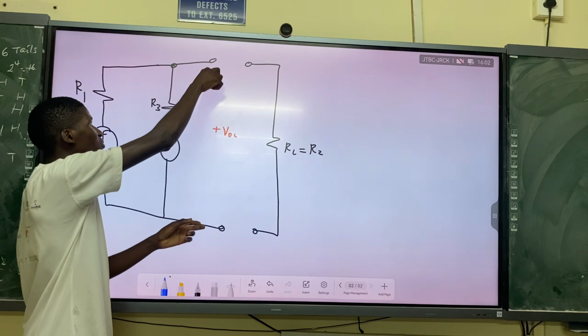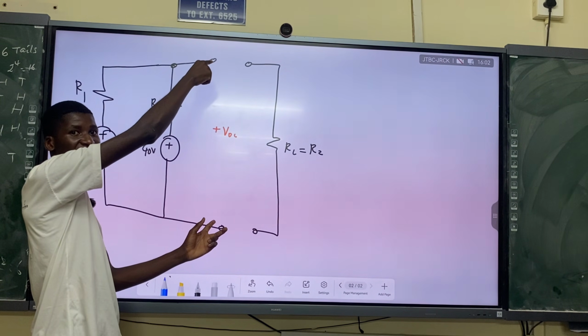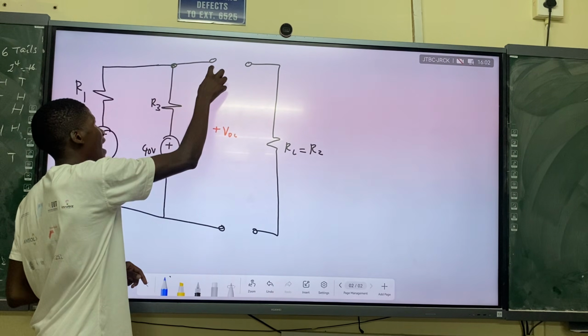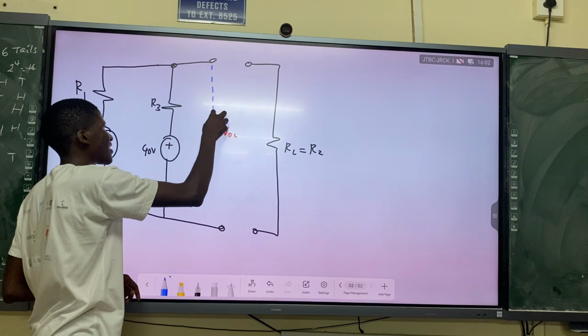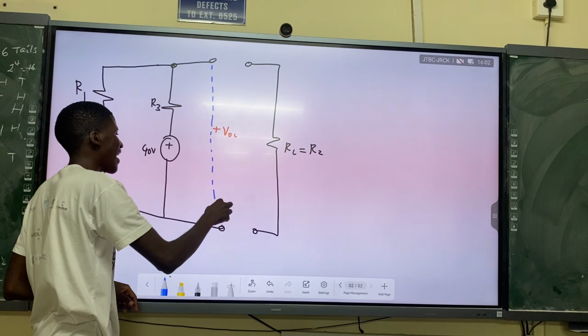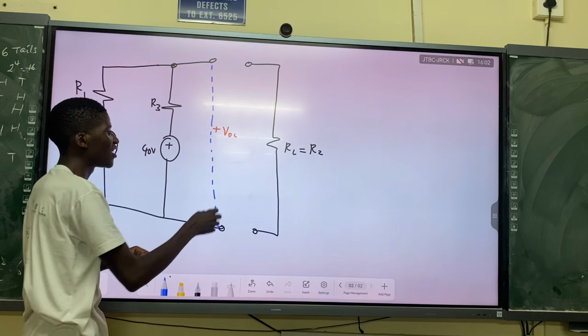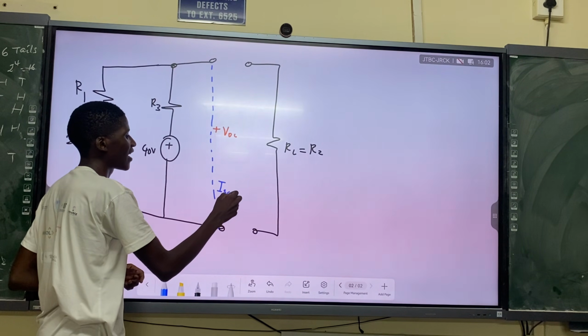In the first scenario, we're going to have an open circuit voltage. In the second scenario, we're going to have a short circuit current, when we put in a conductor that doesn't have any resistor.